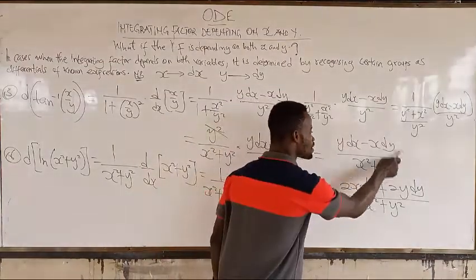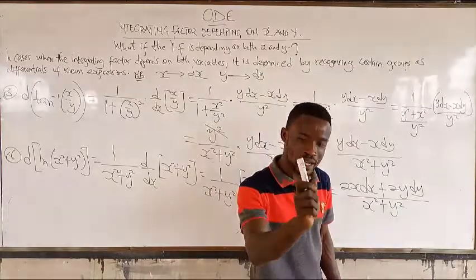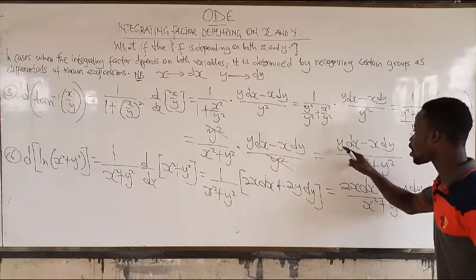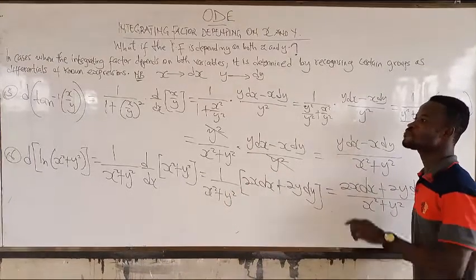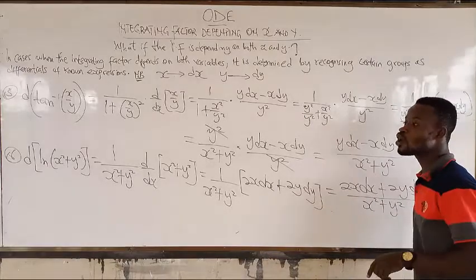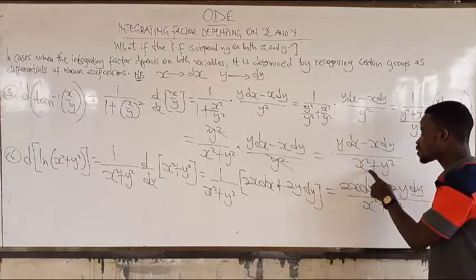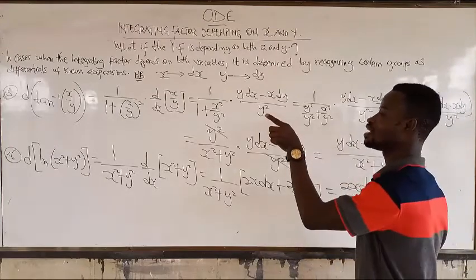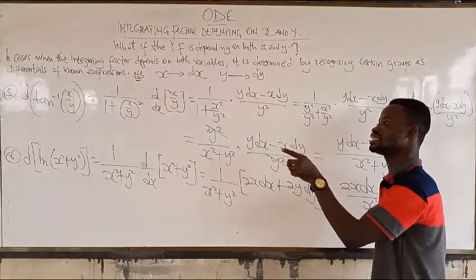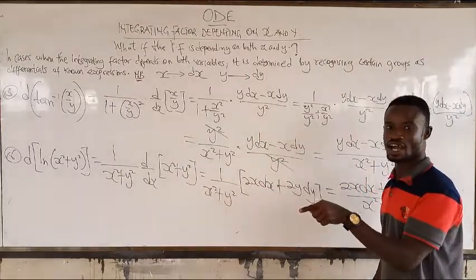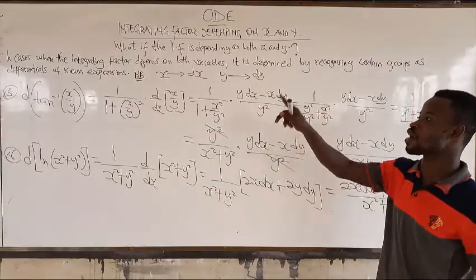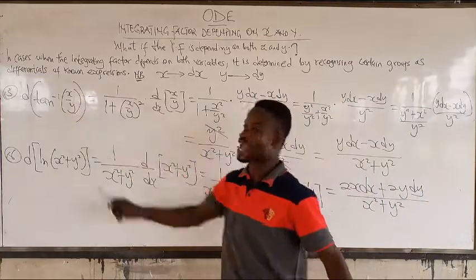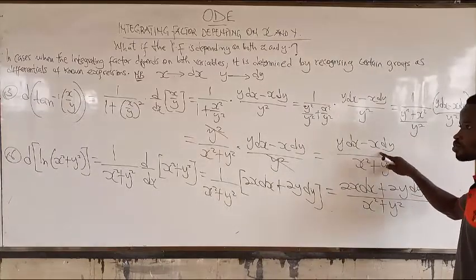So if you have this, no one should whisper to your ears that the one on the numerator here is coming from the one in the tan inverse, because this x squared plus y squared only appears in the one in the tan inverse. But here is tan inverse of x over y, whereby the quotient root of x over y is the one on top here.